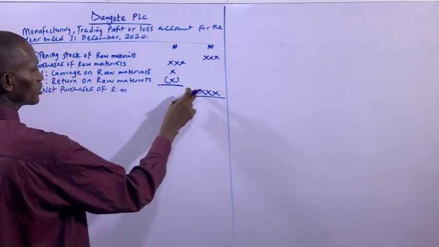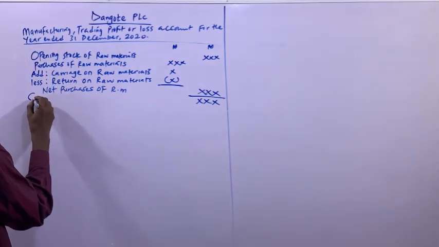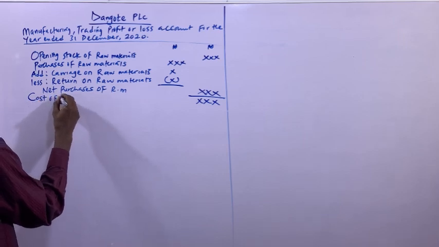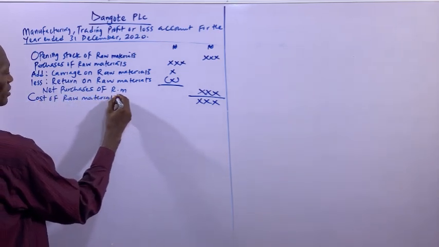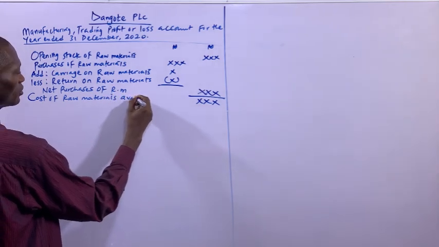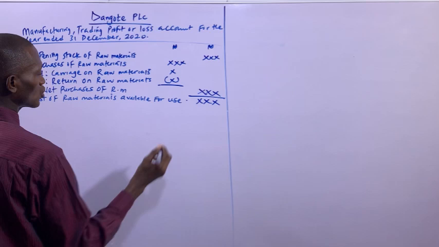Then this net purchases will be added to your opening stock. Then you have the cost of raw materials available for use.